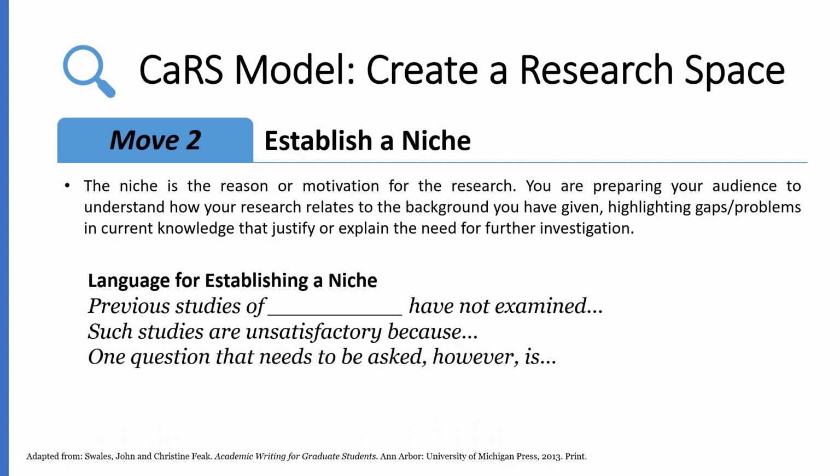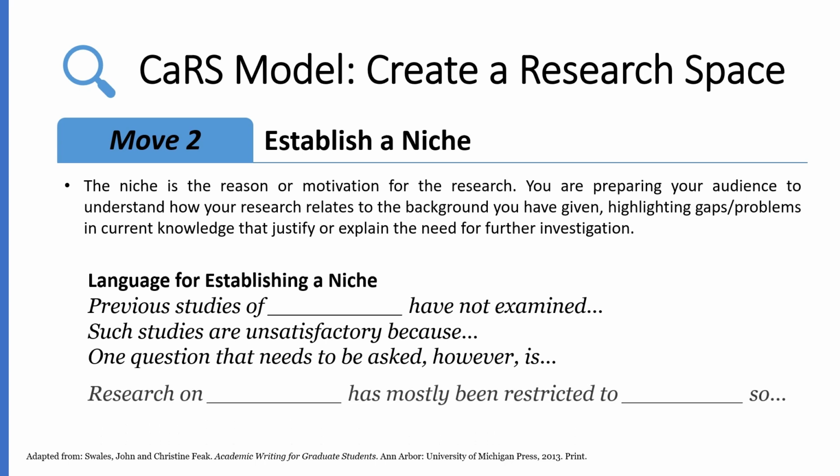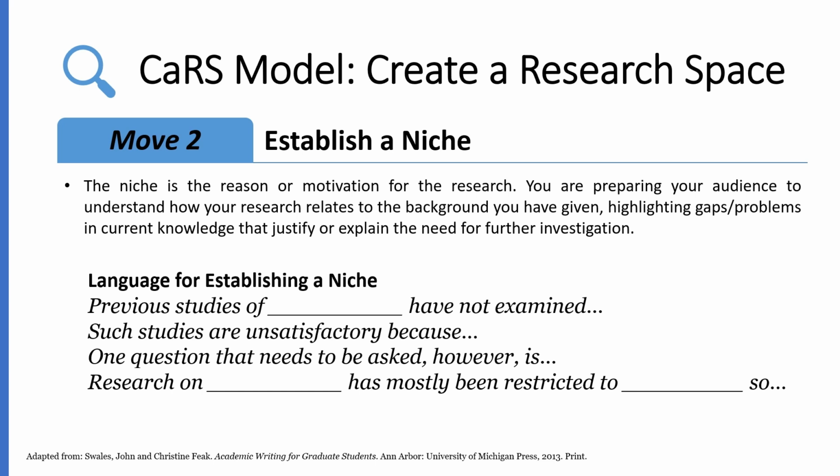Or you can also say "one question that needs to be asked, however." So here basically you are adding to what has been asked already, what has been answered, but there is still something that needs to be answered. Or you may also say "research on blank has mostly been restricted to." So here you are saying that there is still a possibility to do research on another area of that particular phenomenon that you are investigating.